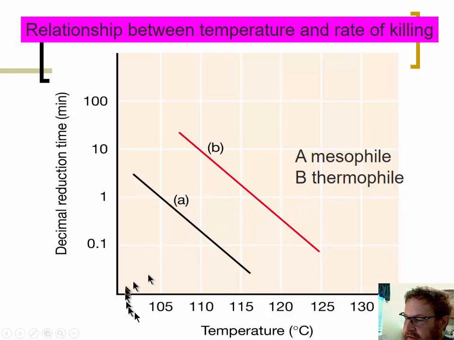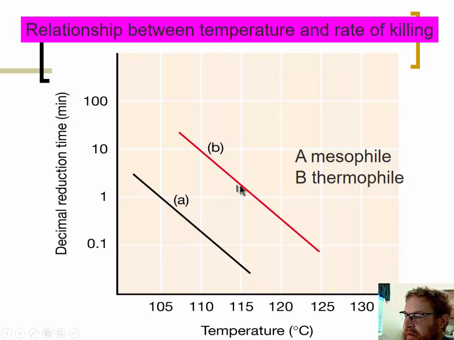If we look at the temperature in centigrade versus the amount of killing, the decimal reduction time, at 115 degrees, say, the killing is pretty profound in something that lives at human body temperature, a mesophile.